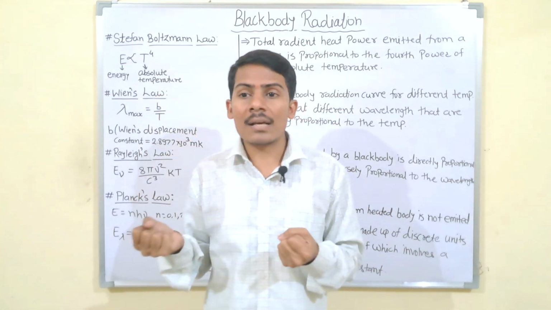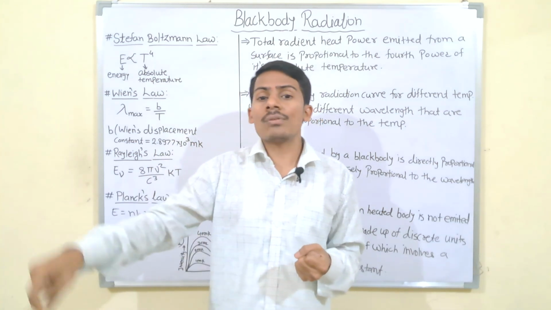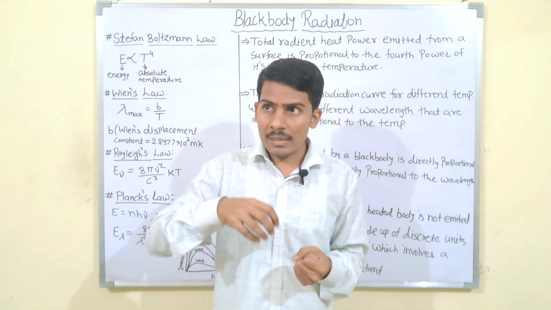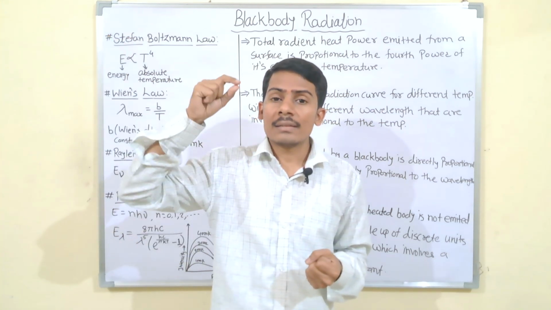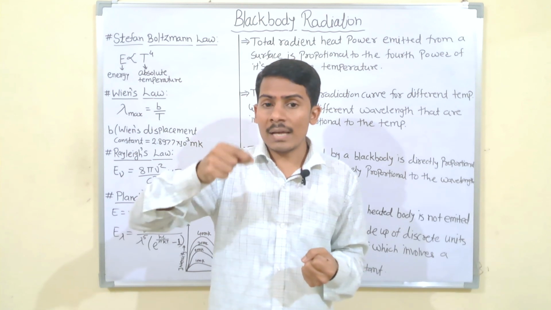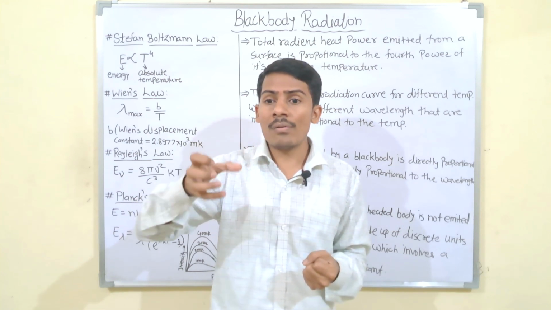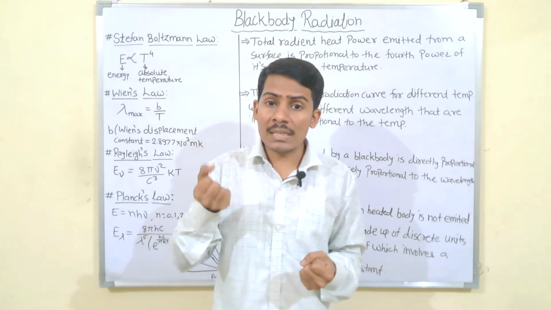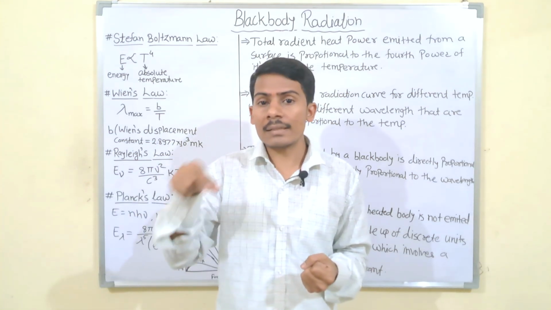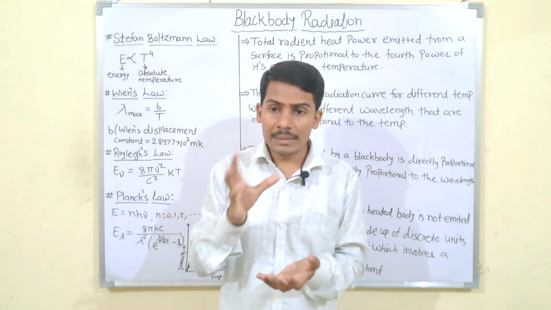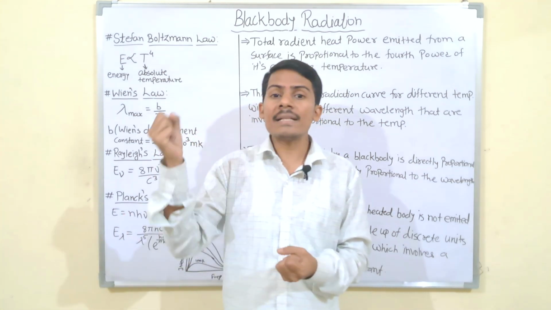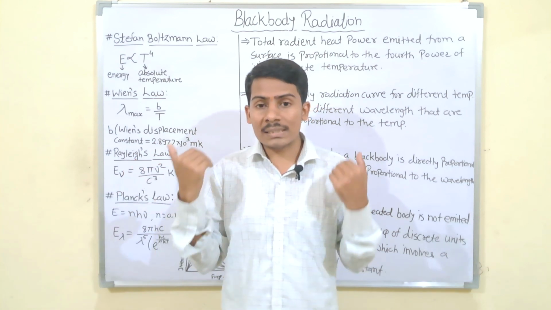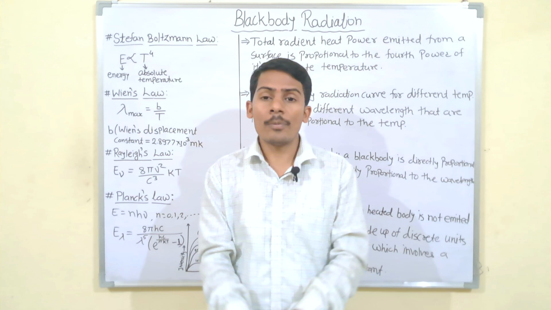We can see that color because at that particular temperature the maximum radiation is emitted, and that radiation has the wavelength of that particular color, therefore we see that color at that time. Therefore, suppose the black body radiates the red color, then we will see the red color of that object.